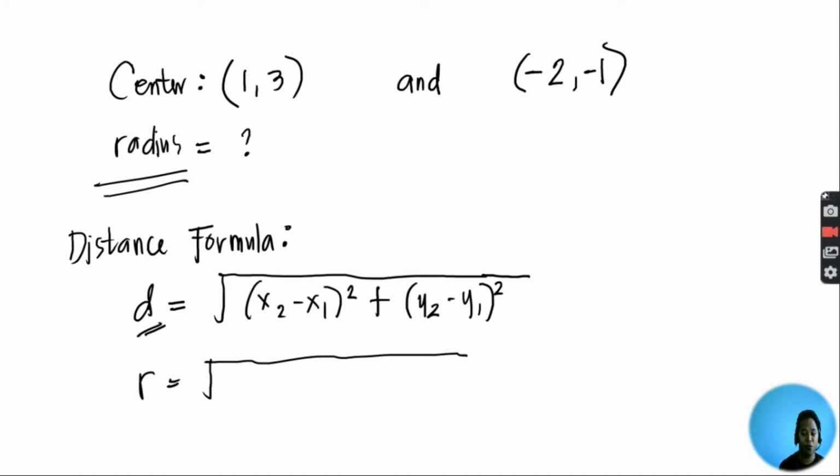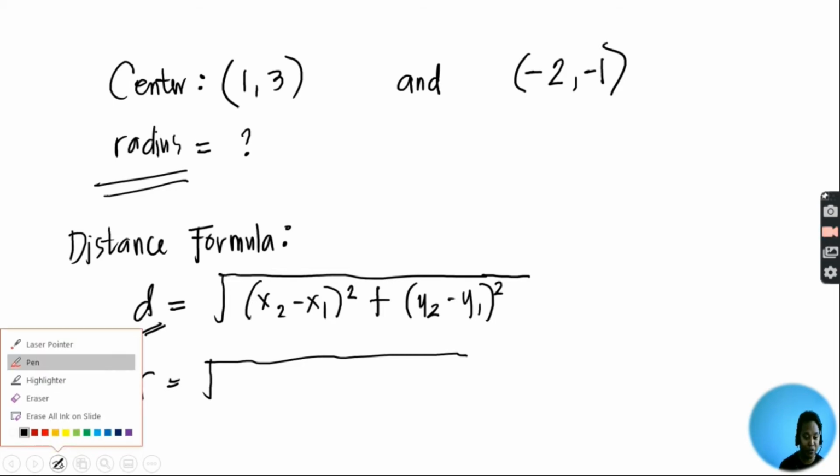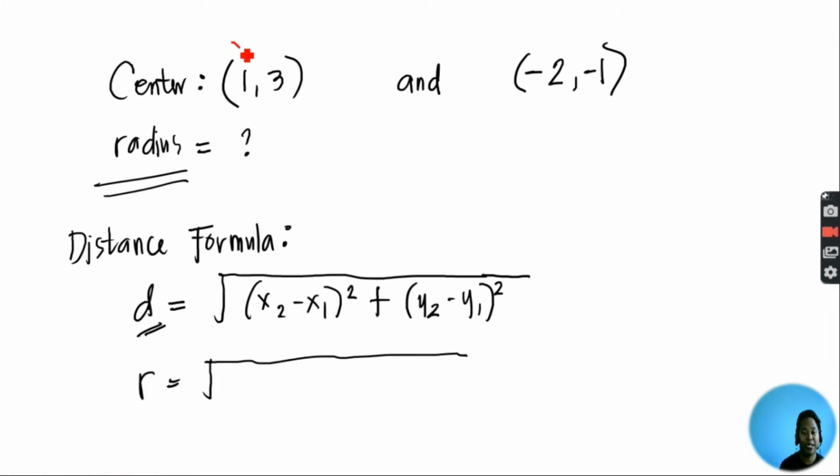Let's use the coordinates of the center and the coordinates of the other endpoint. Ito na po, x sub 1, y sub 1, x sub 2, y sub 2. Gamitin natin po yung ating mga given.